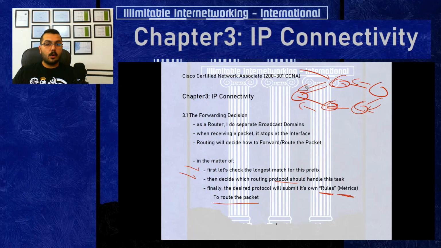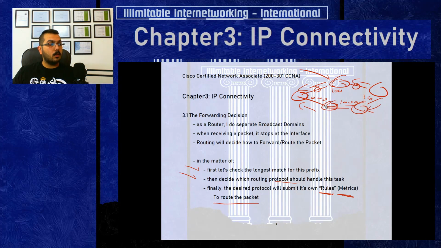Using OSPF, it will check the bandwidth of the path. Maybe you'll see that the bandwidth of this route is only 100 megabit per second, but the bandwidth in this path is 1 gig, or 1000 megabit. So this is 10 times better than this path.